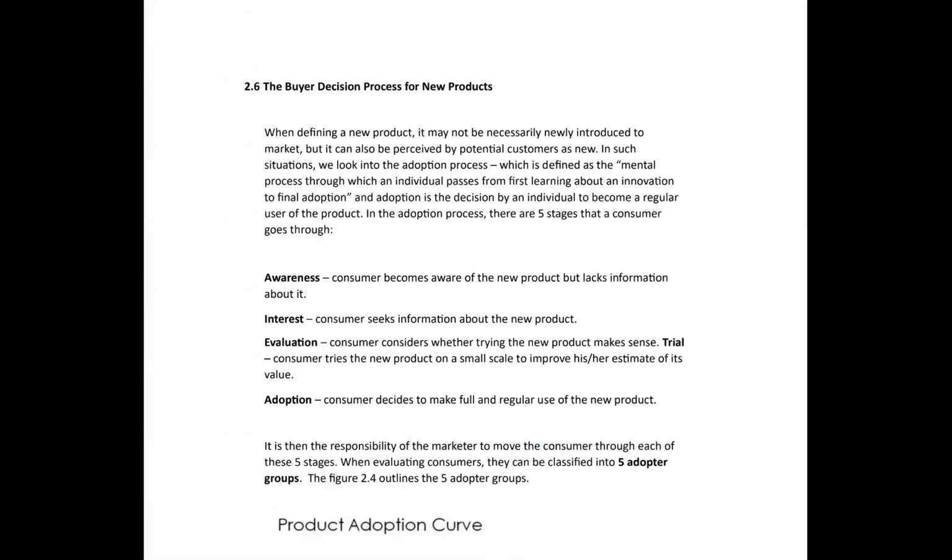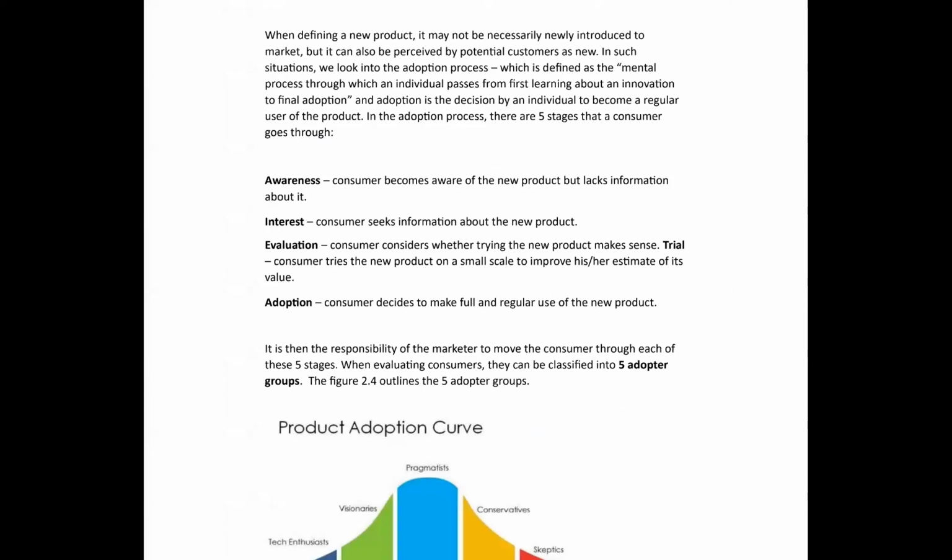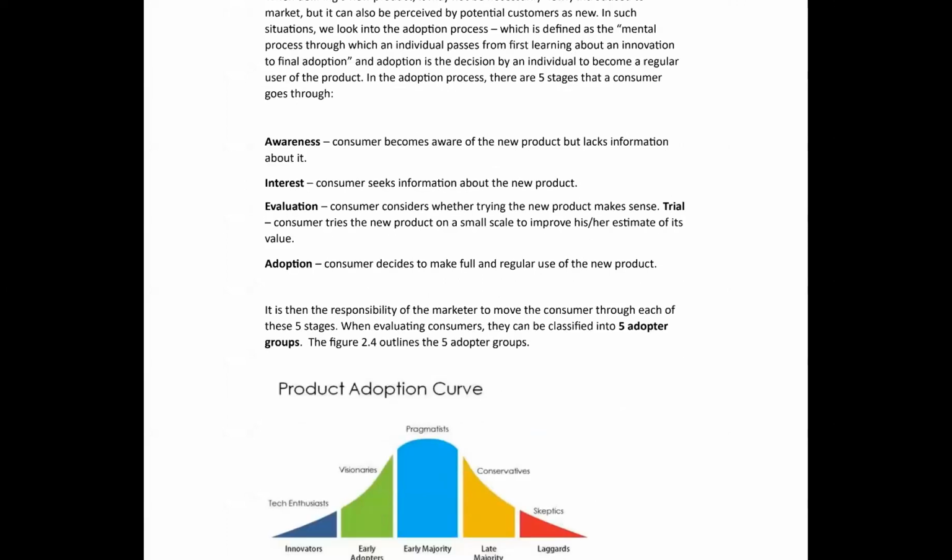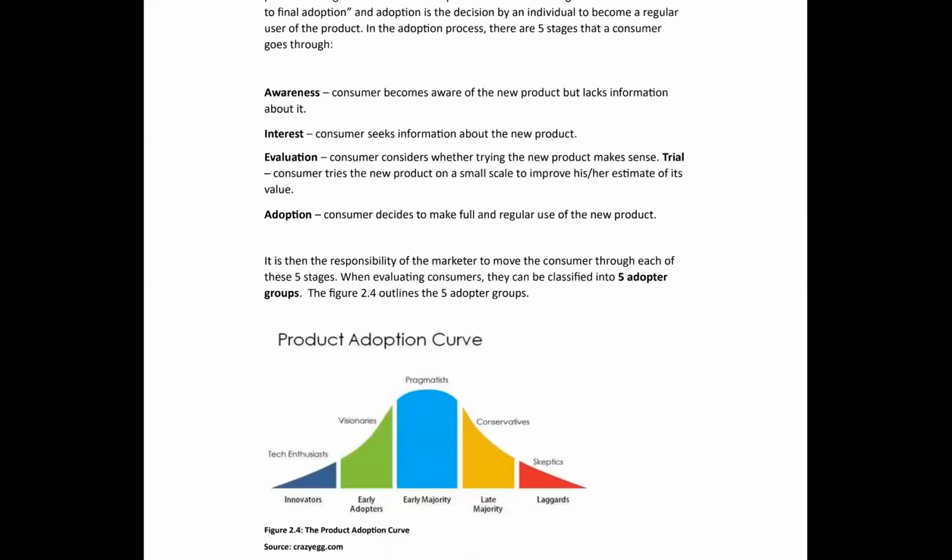So the buyer process of the new product, actually, number one, there is awareness, where a consumer is aware of the new product, but they lack information. Then the interest stage, which is when they get interest and they seek more information. There is an evaluation stage where they evaluate, and the adoption stage.